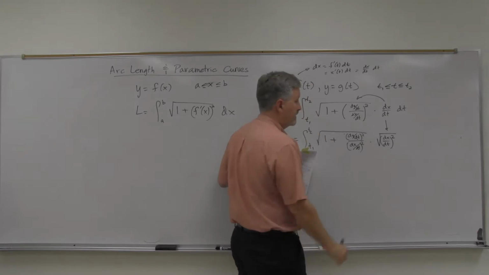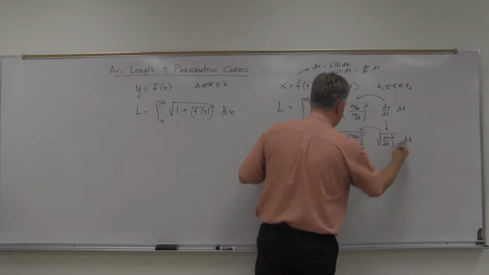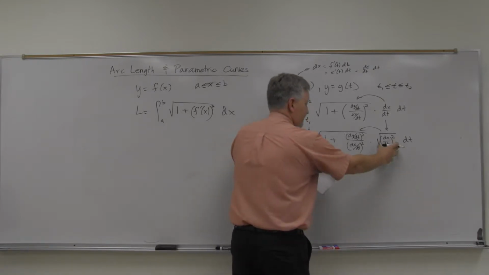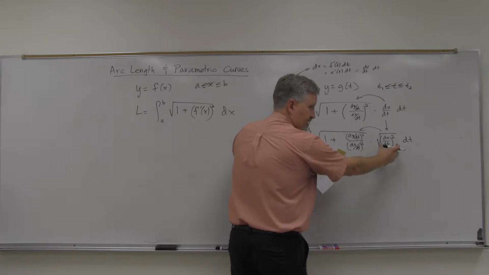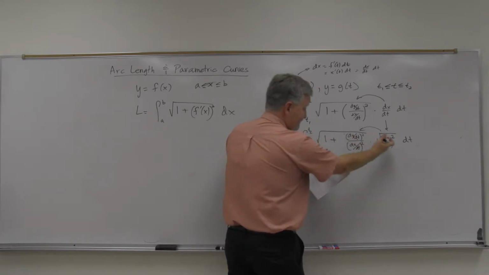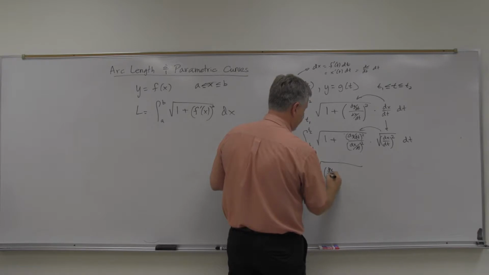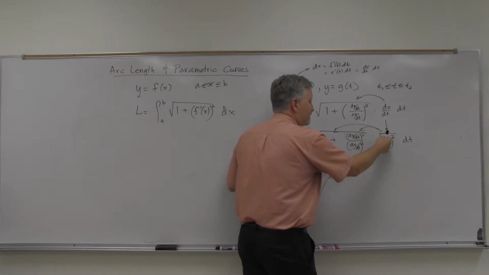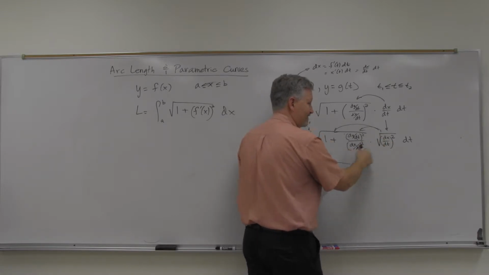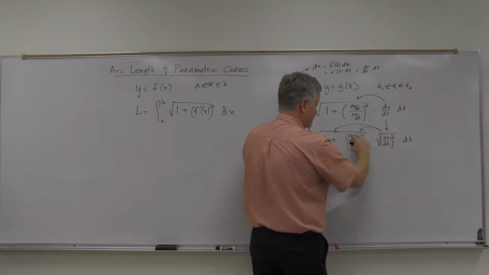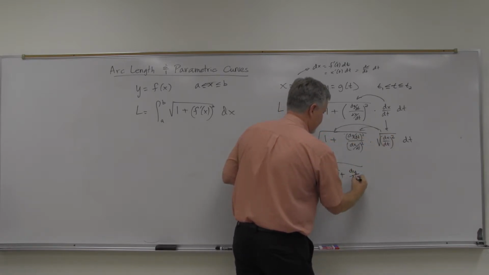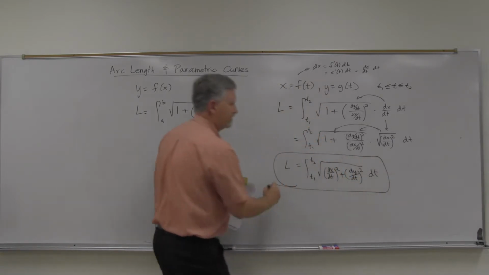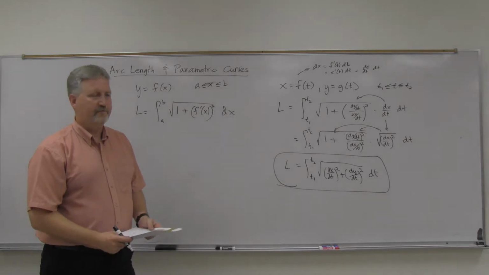Isn't that the same? And then if I distribute that in, here's where it works out really nicely. They're both in a square root now, so I can combine those. This times 1 is dx over dt squared. What happens when I multiply this times that? Those two are going to cancel out, aren't they? It's just going to be dy over dt squared. That is the arc length for parametric curves.